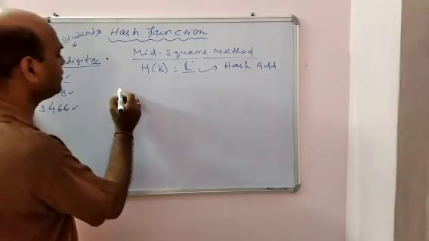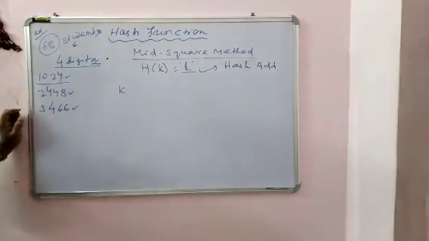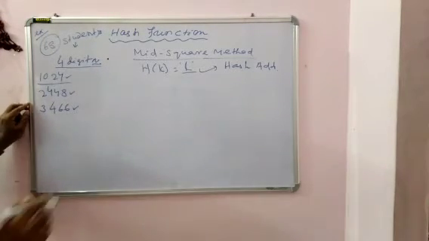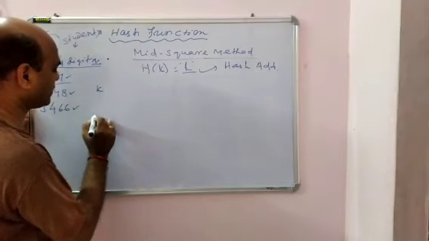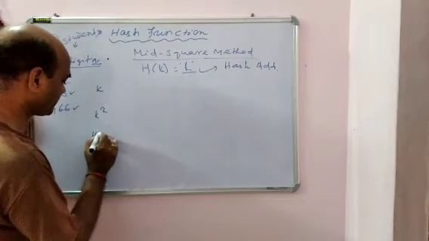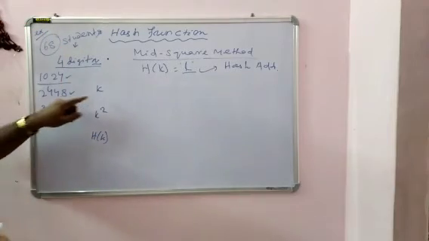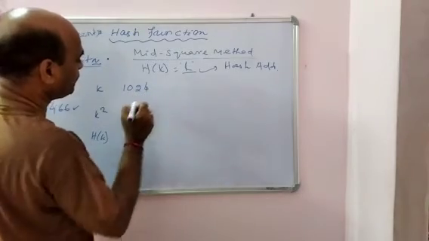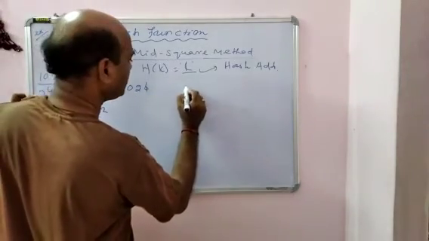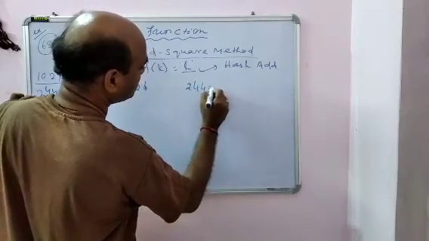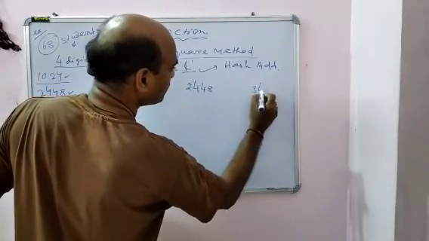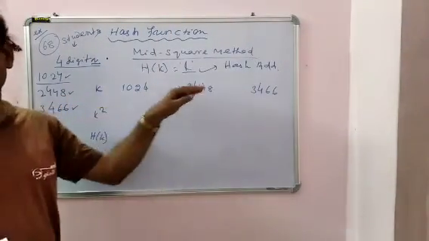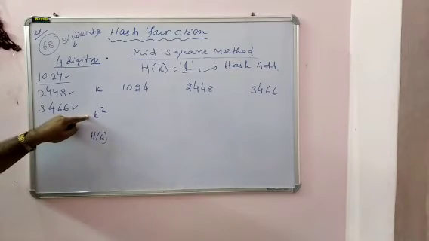We will calculate the value of k, then k square, then h of k. So the value of k is 1024, then 2448, and also 3466. So this is the value of k; 3 students we are considering. Now find the k square.